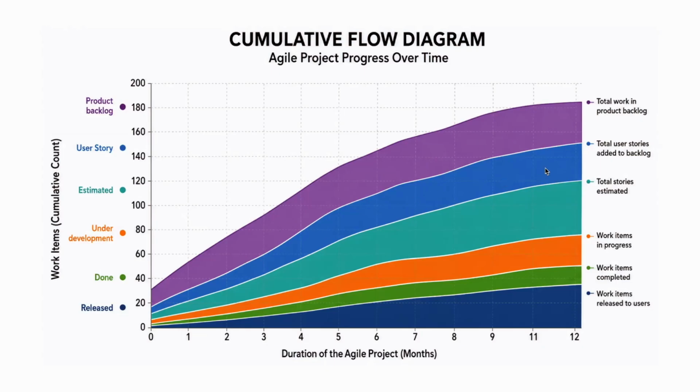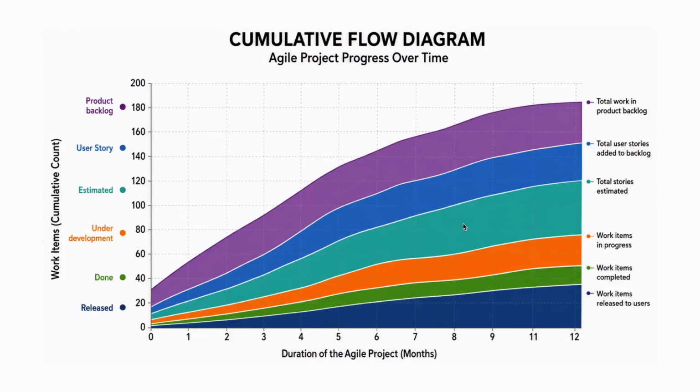And the second band here, it is the total user stories added to the backlog. So here, product backlog entries available, no user stories available. Here, the buffer user stories available with us. And here, total stories estimated.